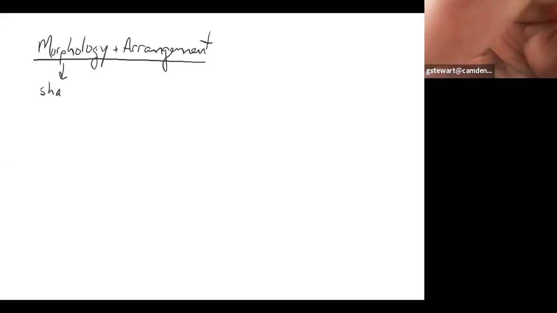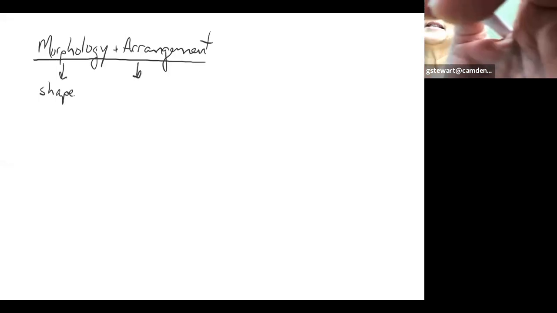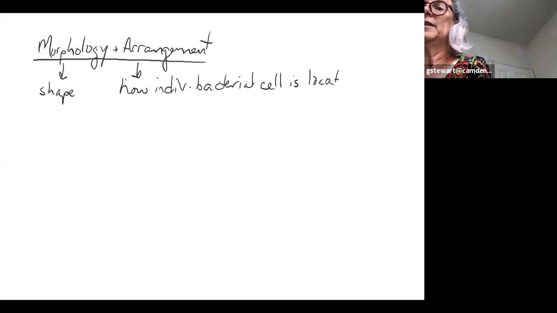So morphology is a fancy word for shape, right? And arrangement is like it sounds, but we're talking specifically how an individual bacterial cell is located relative to its neighbors, neighboring cells.